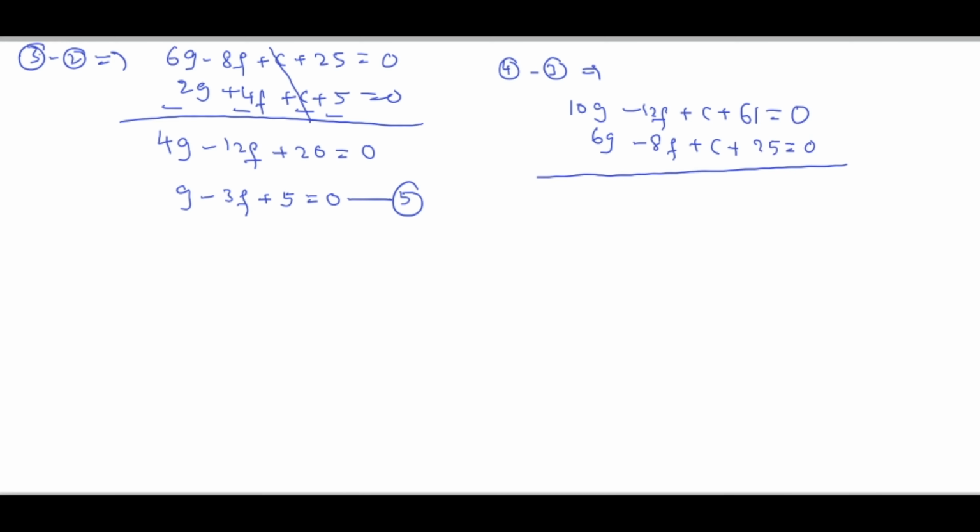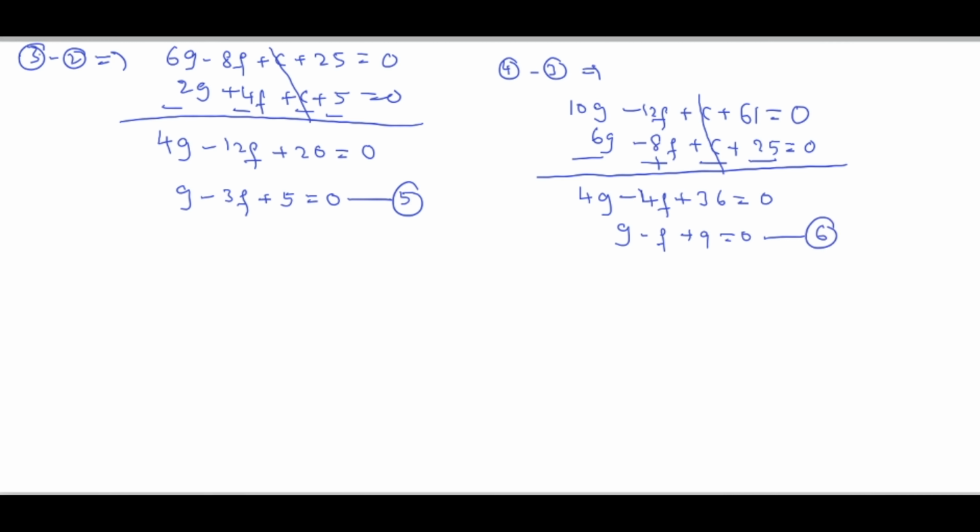Subtracting these two, c minus c cancel, 10g minus 6g that is 4g, minus 12f plus 8f that is minus 4f, 61 minus 25 that is 36 is equal to 0. 4 common in this equation, g minus f plus 9 is equal to 0. This is the sixth equation.